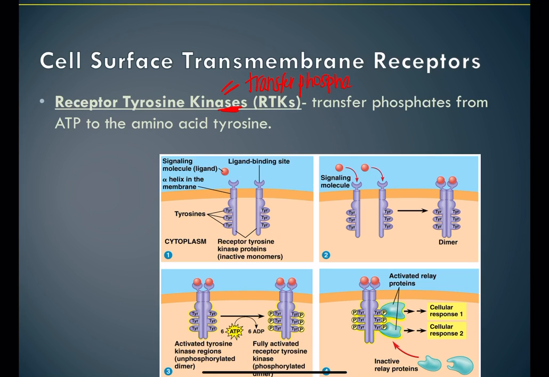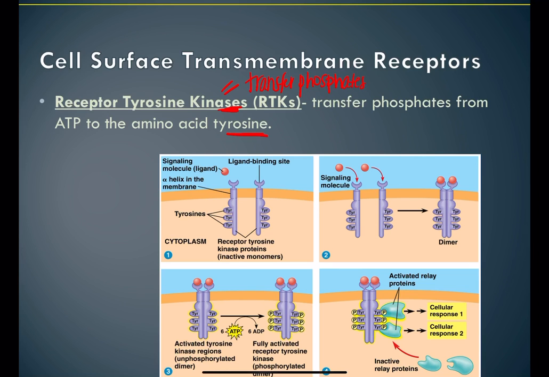Transfer that P, like in ATP, ADP, GDP, and GTP. It transfers phosphates, and specifically receptor tyrosine kinases are going to transfer phosphates to a tyrosine.